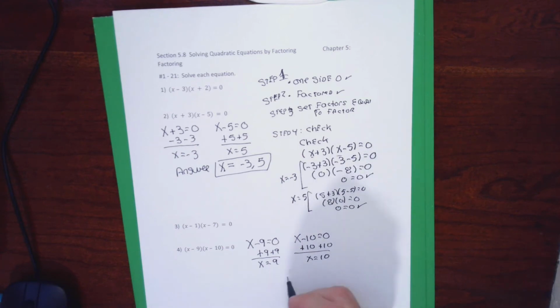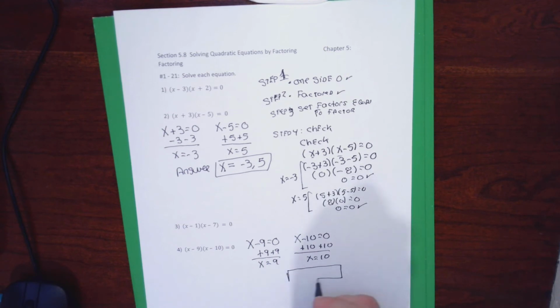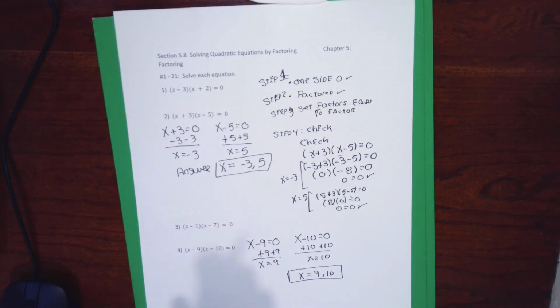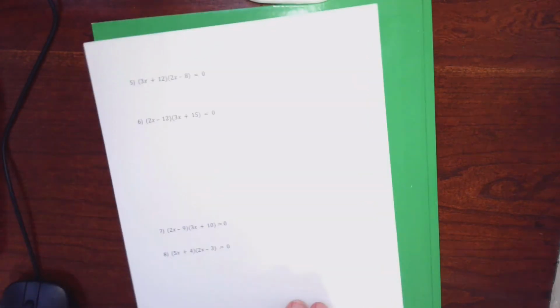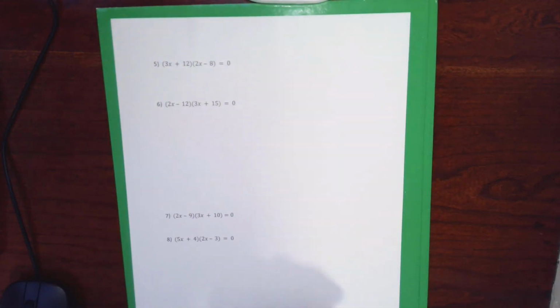Those you probably can get by inspection. If I was writing a test key, I wouldn't even show any work. I just would have written down the answers. I'm not going to check that. I'll check occasionally, but not everything. I'll check 7 or 8 because you get a fraction answer.